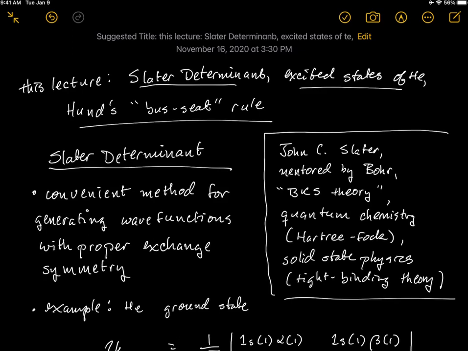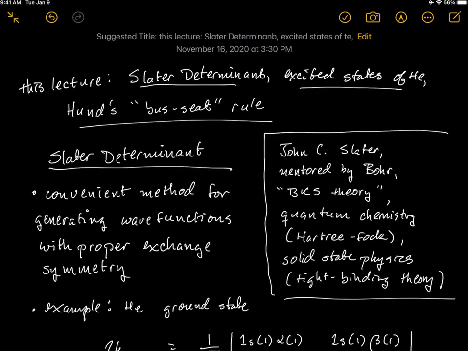Slater was involved, he wasn't the only person, but involved in really developing the theory for quantum chemistry, and a lot of atomic quantum mechanics as well. He helped to develop the Hartree-Fock theory, sometimes called, or arguably should be called, the Hartree-Fock-Slater theory, because his ideas are certainly central to it.